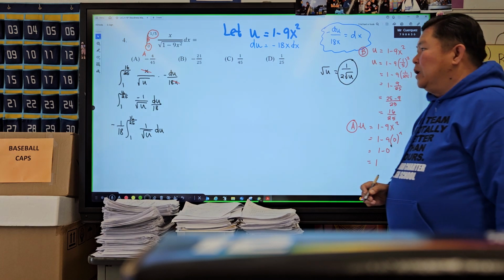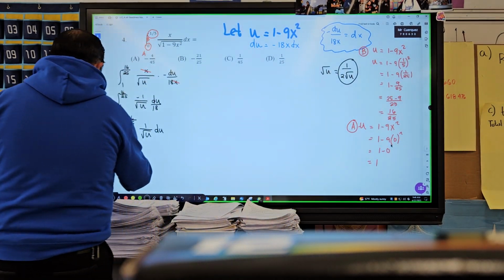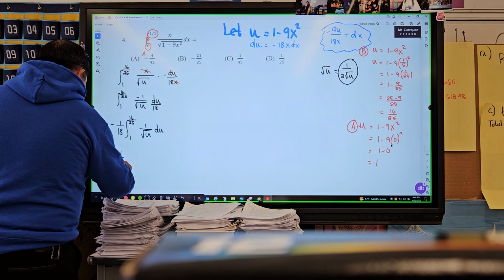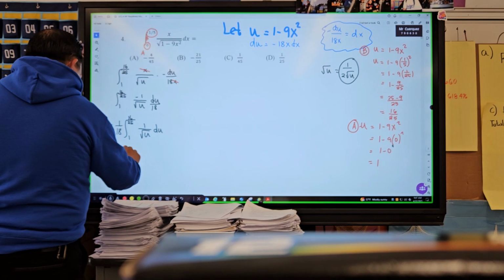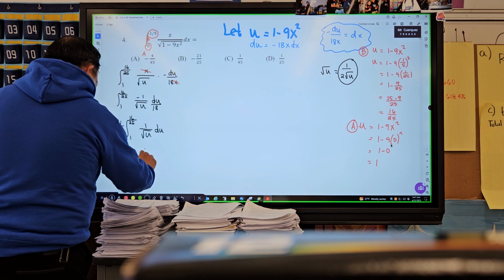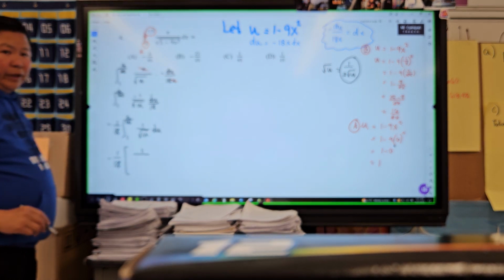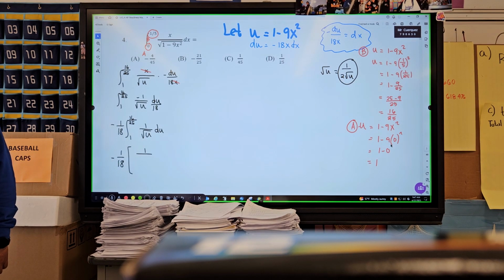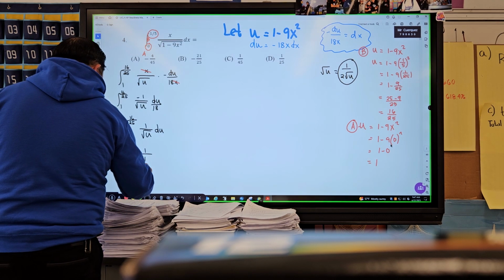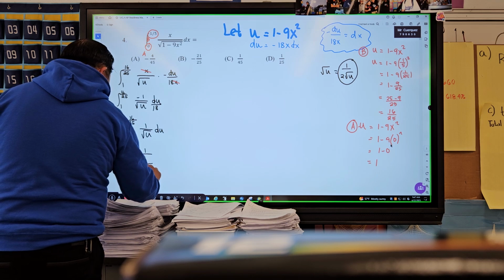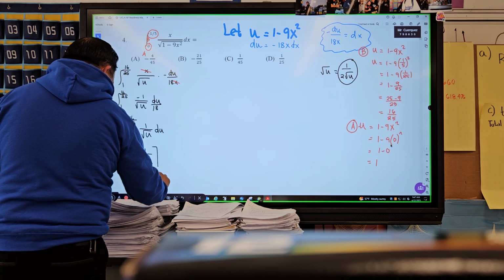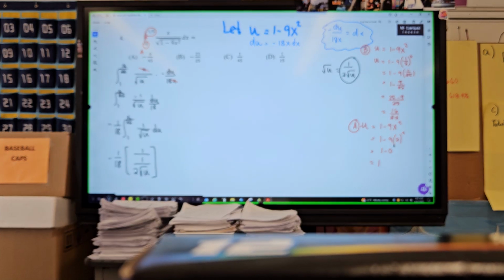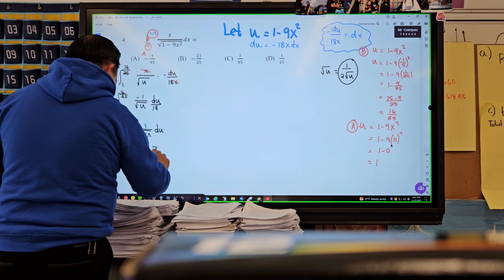So from here we have negative 1 over 18, and then 1 over the derivative of square root of u, which is 1 over 2 radical u, evaluated from 1 up to 16 over 25.